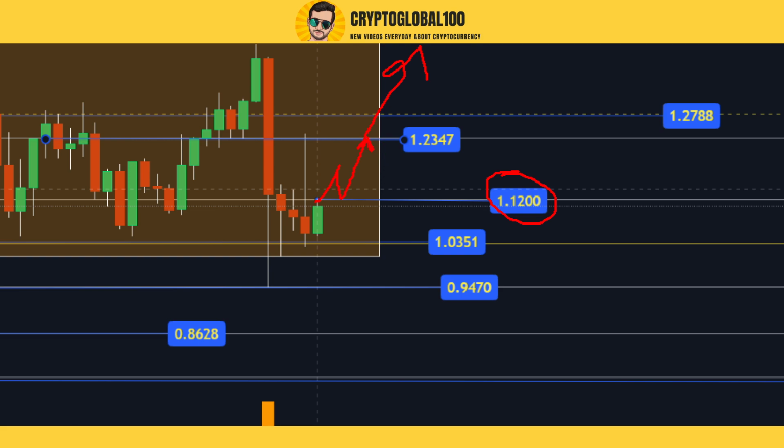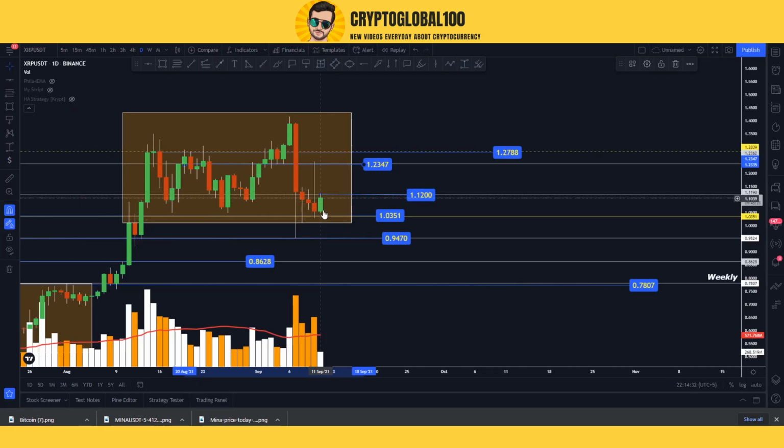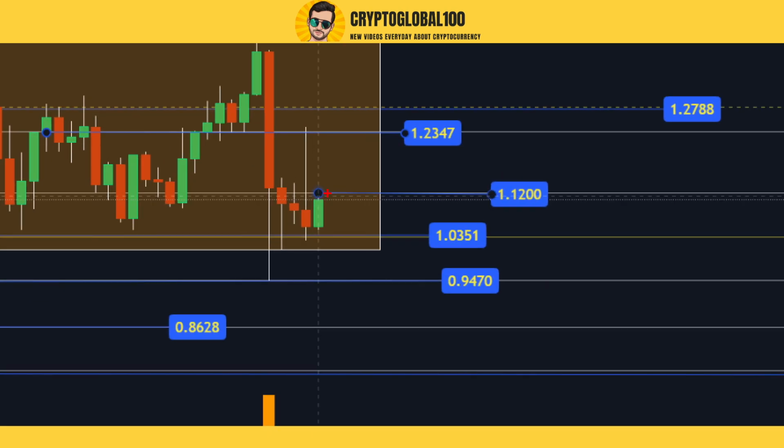Otherwise the price is going to jump back to 1.12 again, and we have to look at whether it is going to hold the support at 1.12 or not. If it is unable to hold the support and gets broken down further, then we are going to retest $1 again, probably 0.94. It depends on this candle. It has been rejected from this level, but it needs to break above.